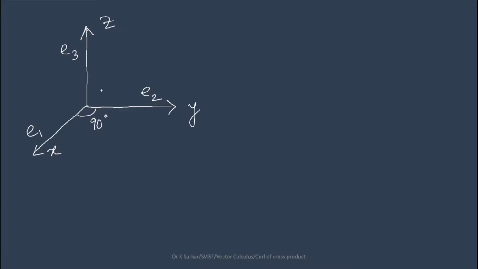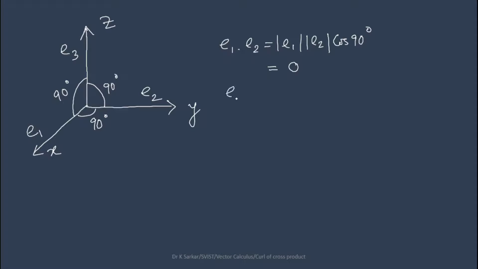The angle between e2 and e3 is also 90 degrees. The angle between e1 and e3 is also 90 degrees. If we take the dot product between e1 and e2, e1 dot e2 is mod e1 mod e2 cos 90. We know cos 90 is 0, therefore e1 dot e2 is 0. Similarly, we will get e2 dot e3 and e3 dot e1, all of them are 0.